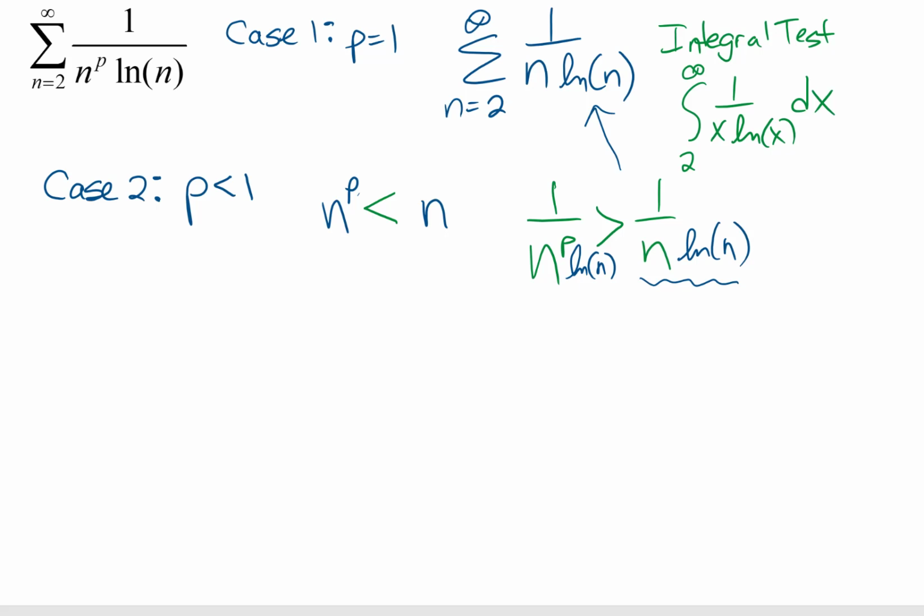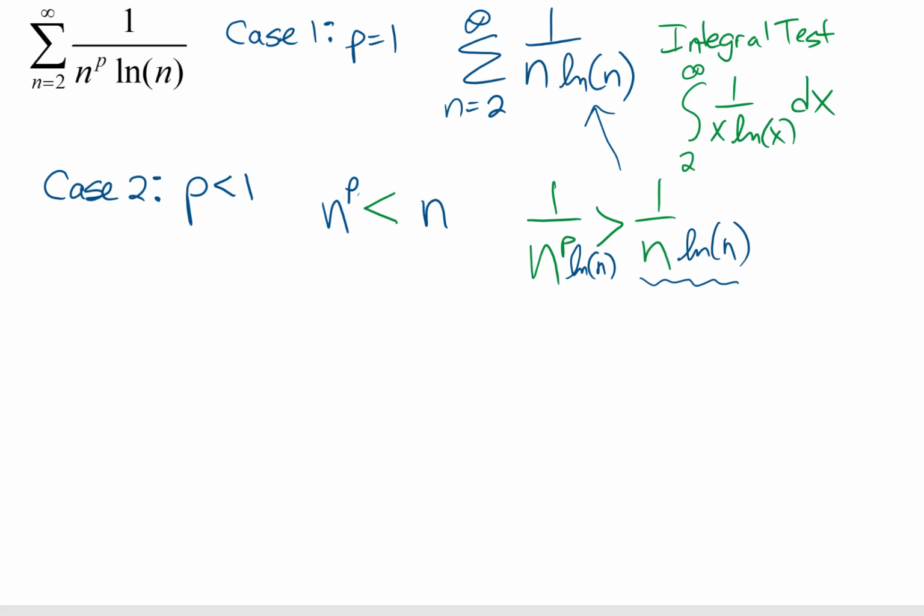So whatever you find in case 1, if you find convergence, then this series converges, and this other series is greater than it. So the inequality would be going the wrong way, but then you could do a limit comparison test.